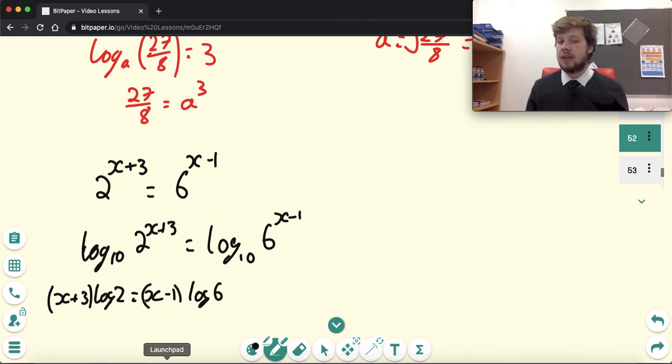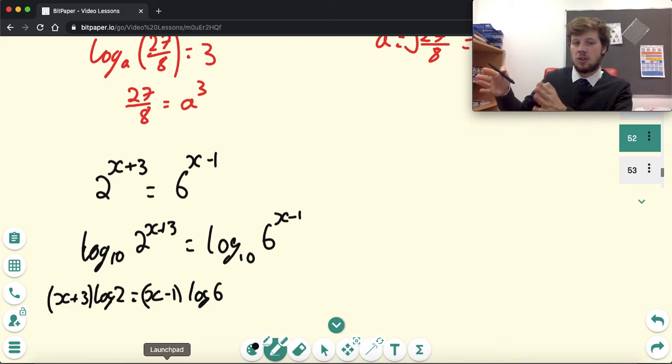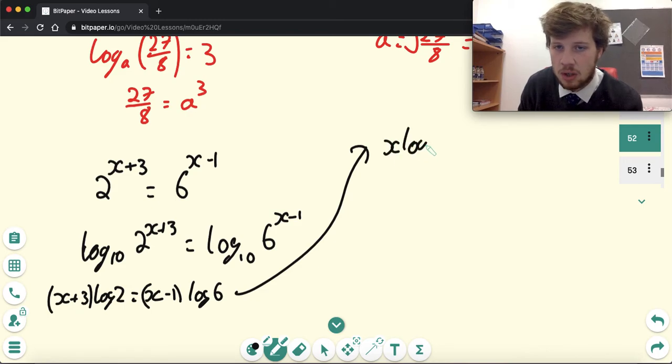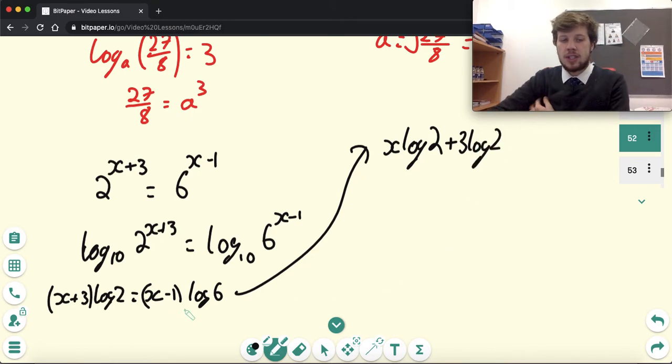I'm just going to rearrange and expand so that I get all my x's on one side and all my numbers, my logs, on the other side. So this is going to give me, when I expand, x log 2 plus 3 log 2. I'm going to do this in one step.